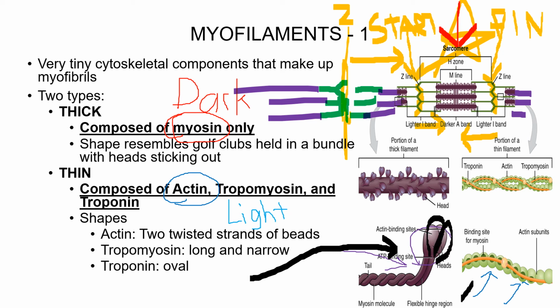These golf club heads fit really snugly in these holes inside of the actin. So myosin binds to those holes in actin, and then with the help of ATP moves it towards that midline, so the start line and the finish line of the sarcomere get closer together.